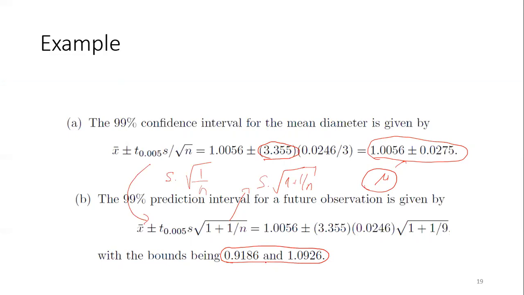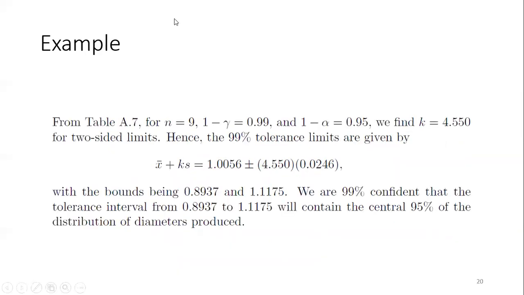The prediction interval says that for a single item, the probability that its diameter is between this value and this value is equal to 0.99. So the prediction interval is for a single observation, but this is for mu, the parameter.